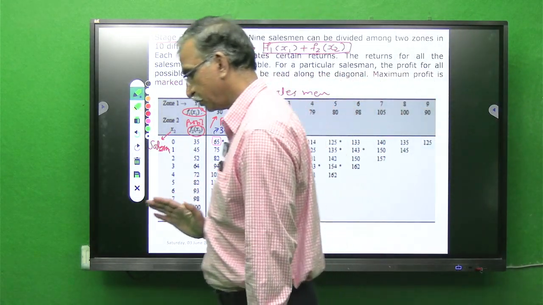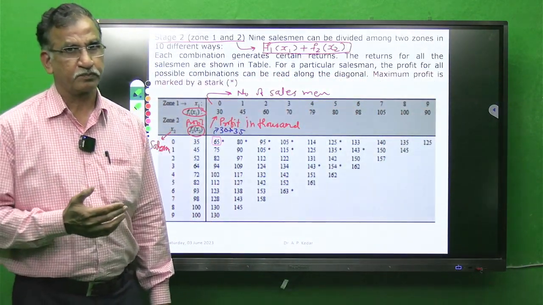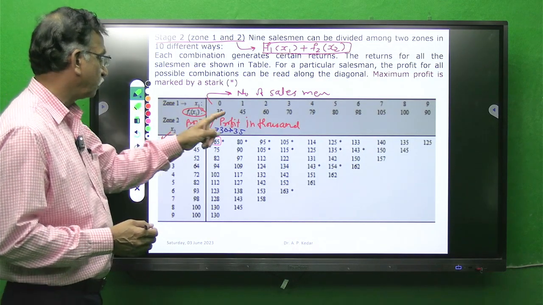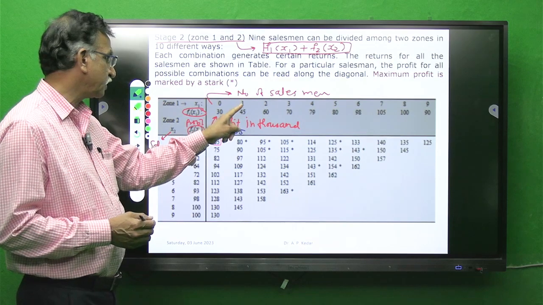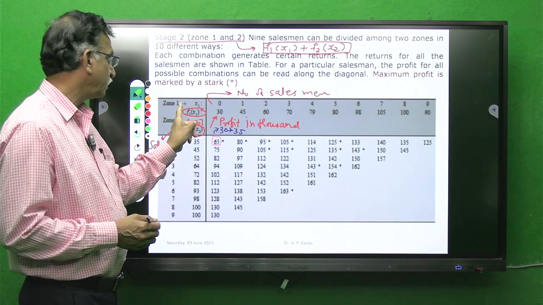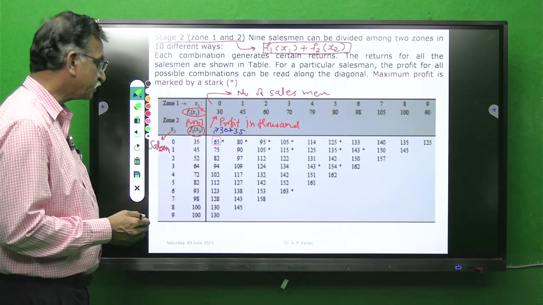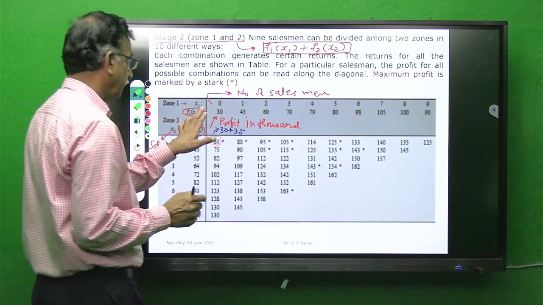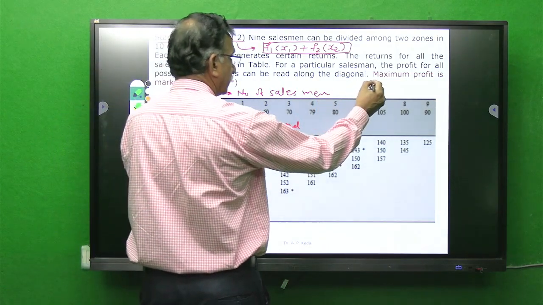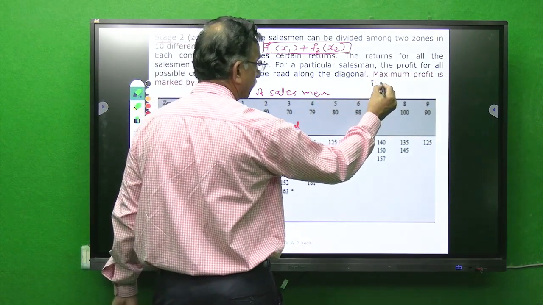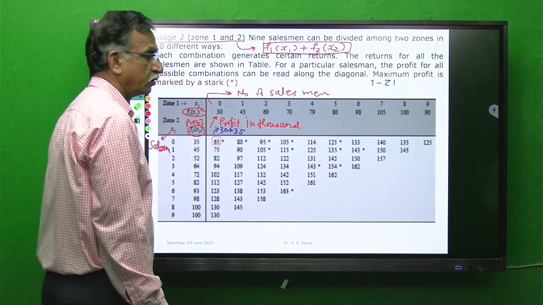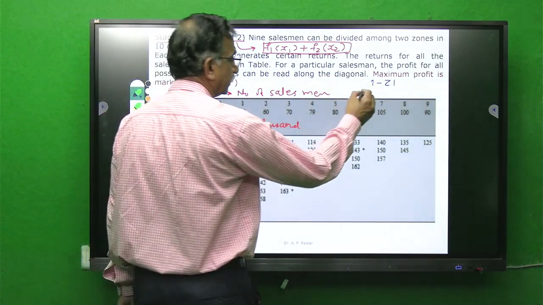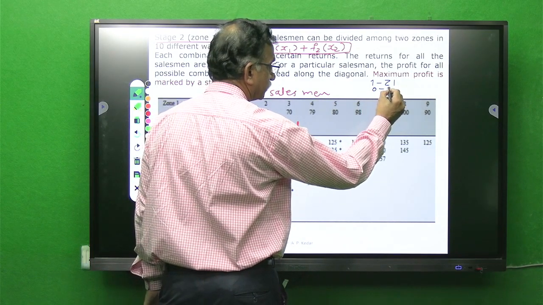But if we decide to depute one salesman, I can have a combination of one salesman for zone 1 and no salesman for zone 2.